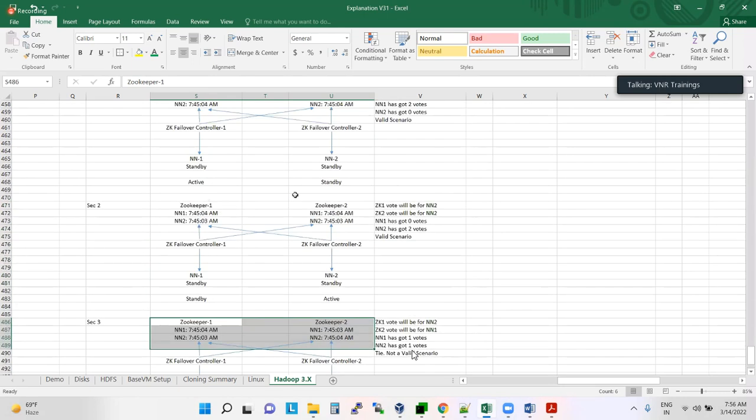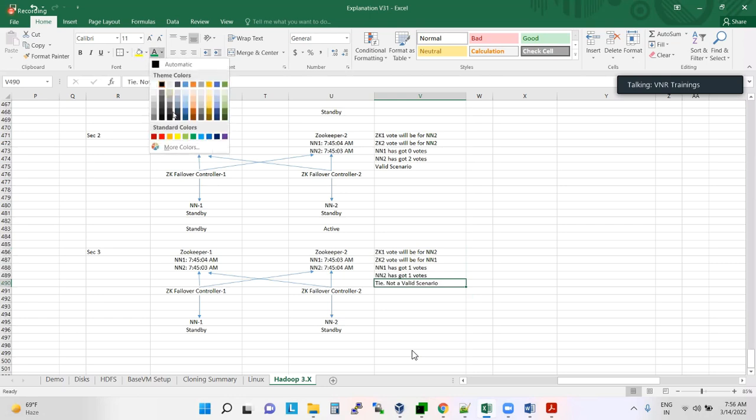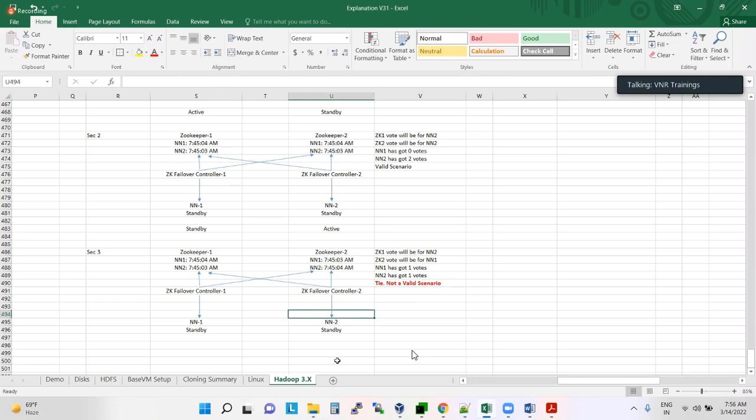See, if they enter into this scenario, that's fine. If they enter into this scenario, that's also fine. But if they enter into this scenario, which is a problematic scenario, not a valid scenario, what to do? Suppose by mistake the third scenario occurs, both name nodes will be in standby only. Then what is the point of having zookeepers?